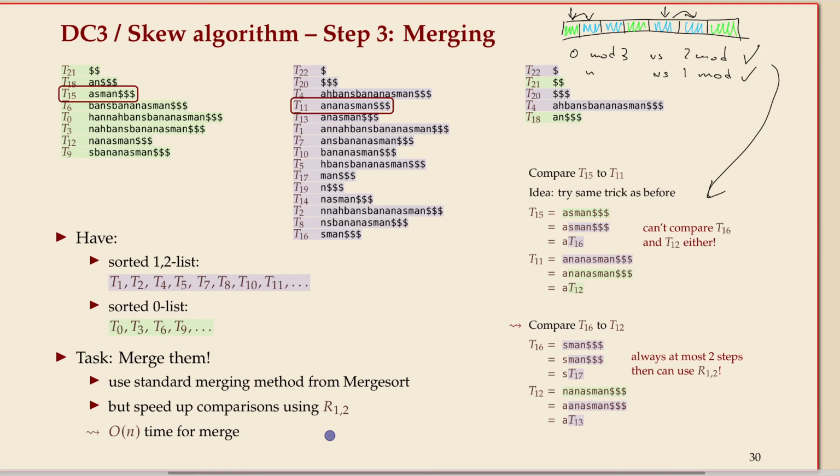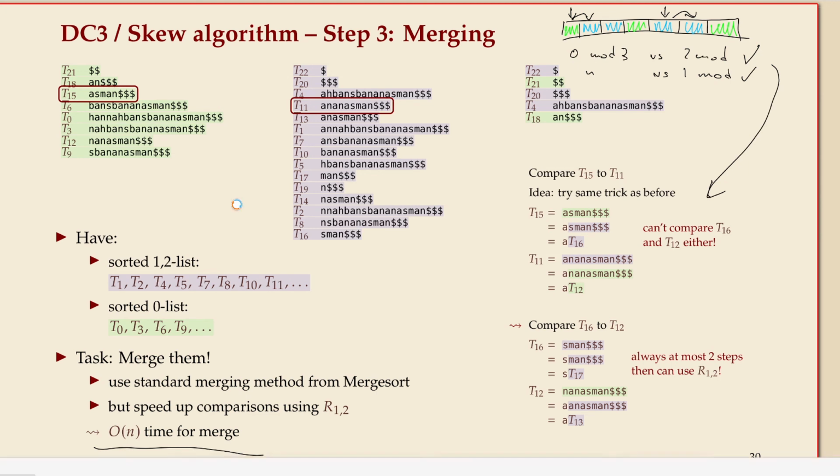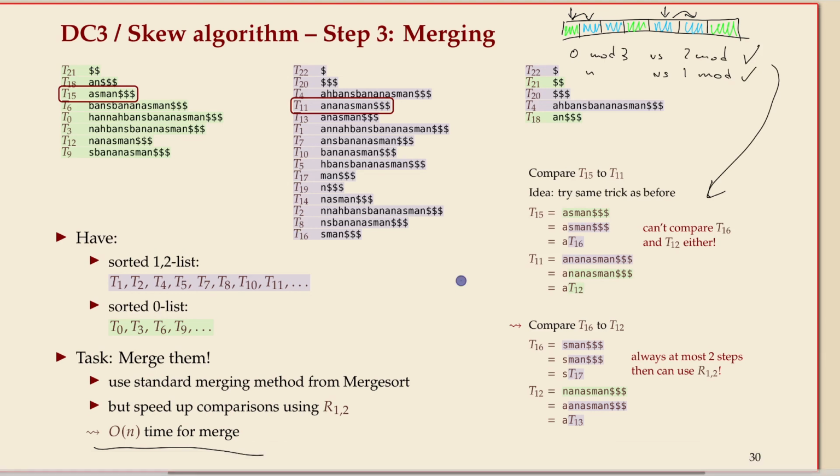So that together means we merge the 2 lists in linear time. Okay? As I said, both of the steps are a little tricky, but there's no huge quantum leaps in either of them. It is using, in a smart way, the fact that we have suffixes of a given string.